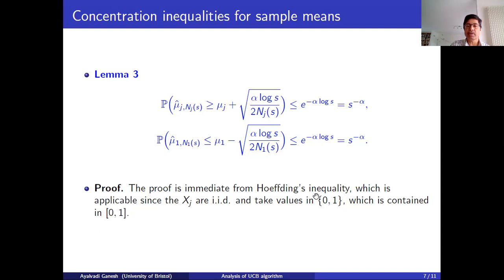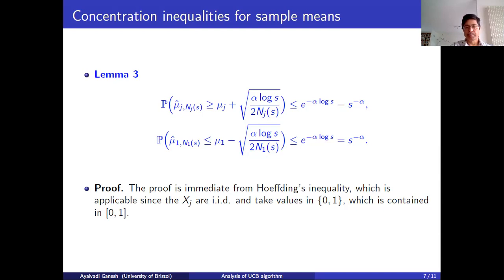And Hoeffding's inequality is an inequality for sums or means of IID random variables taking values in this closed interval. So we can directly apply Hoeffding's inequality to sums or means of the xj's, and that gives you this. I'll leave you to work that out for yourself. And similarly for arm 1.